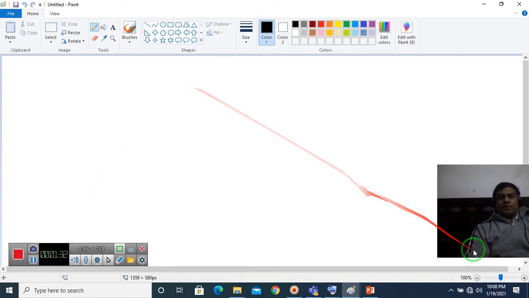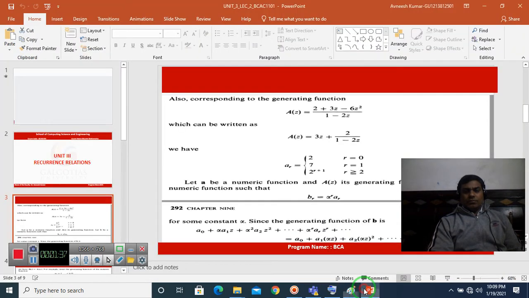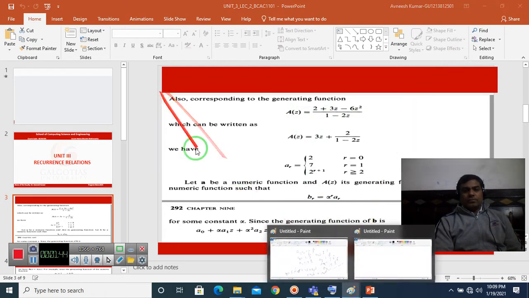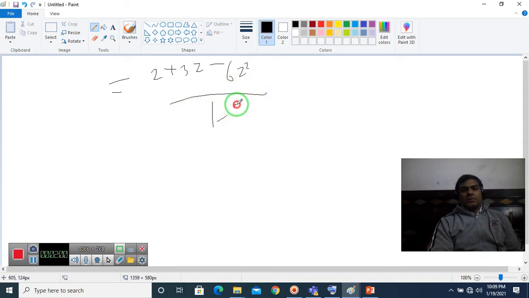A(z) equal to 2 plus 3z minus 6z square upon 1 minus 2z. Ready?